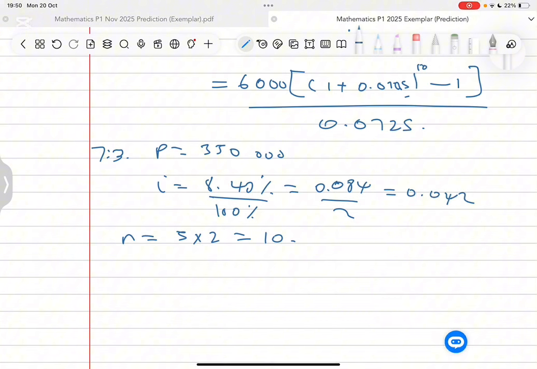Now, here we are going to use the reducing balance depreciation. Let me write this down.